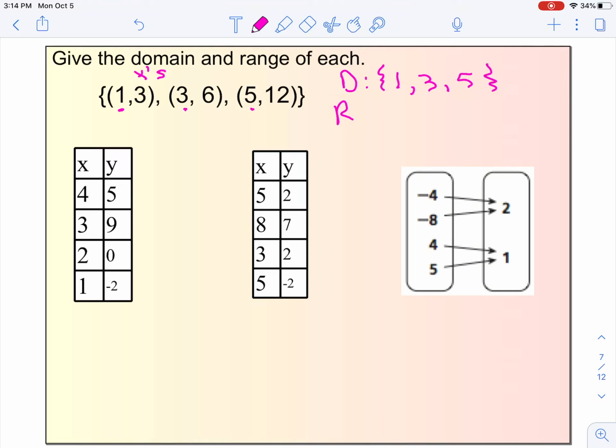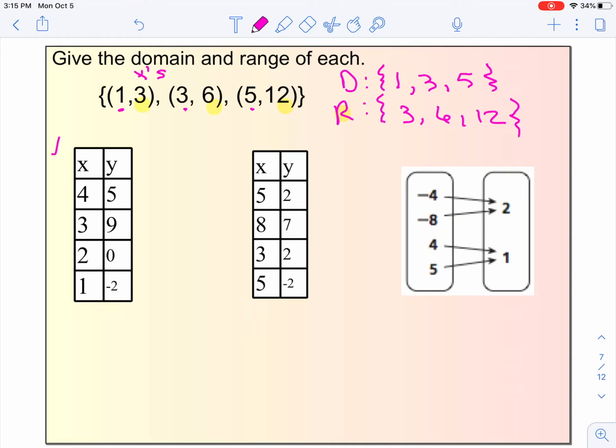My range for this function is the set of all y values. So here's a y value, a y value, and a y value. So my range is the numbers 3, 6, and 12. So I did it with that set of ordered pairs, but that's really the same as this t-table.